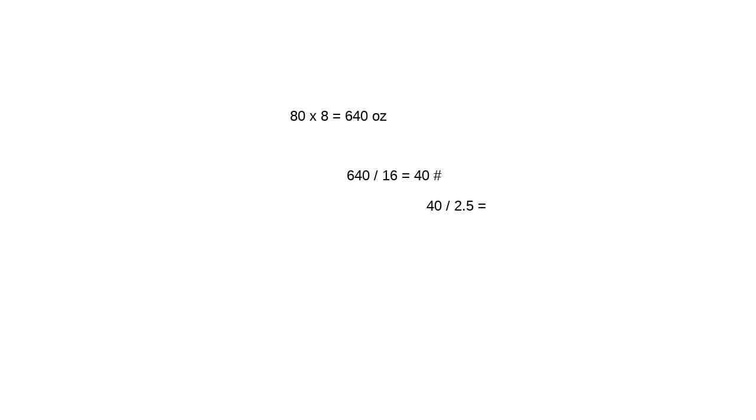And then there's another way you could do this. You could take the 640 ounces and divide the ounces by your conversion factor of 2.5. 640 divided by 2.5 gives you 256.